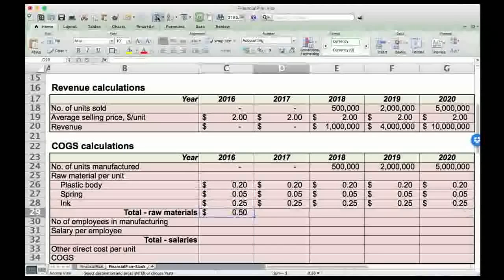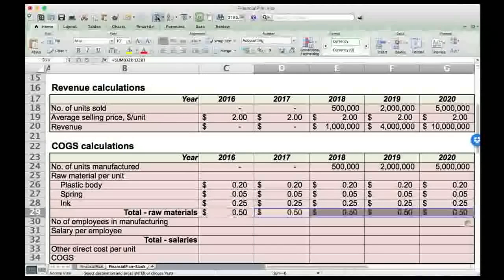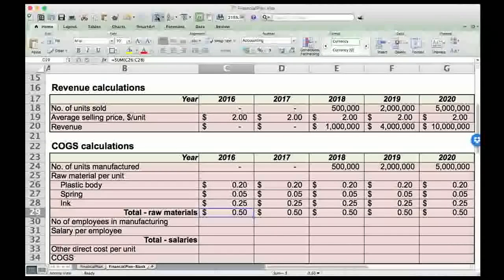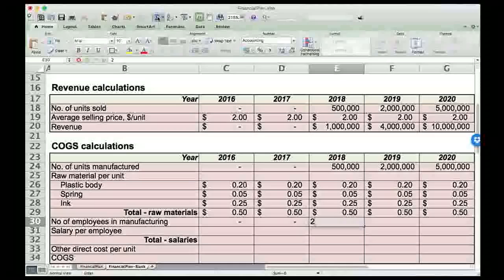And same way we can calculate the total raw material price for 2017 till 2020. And then is the labor part. So you would have essentially no labor in manufacturing for 2016 and 2017, but you would have some labor for making 500,000 units in 2018.